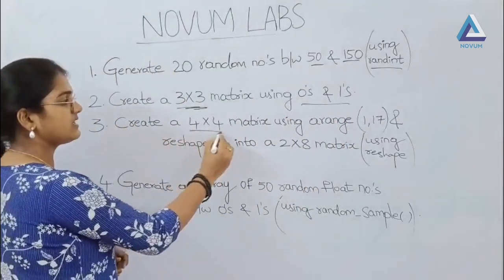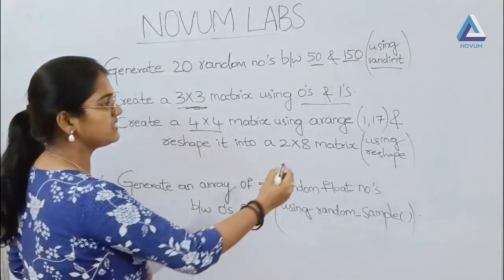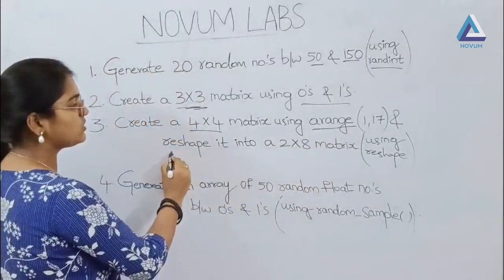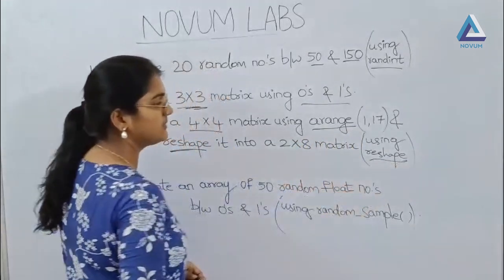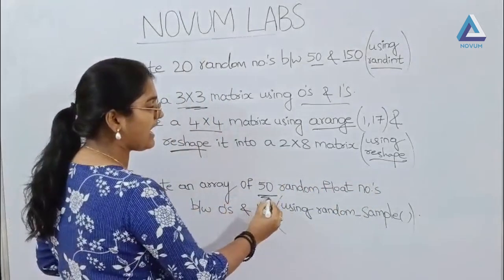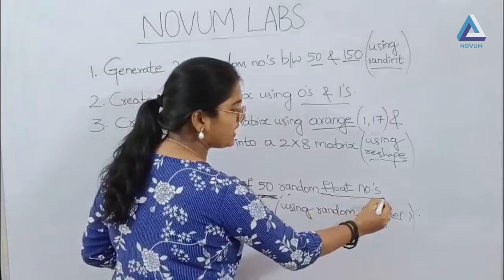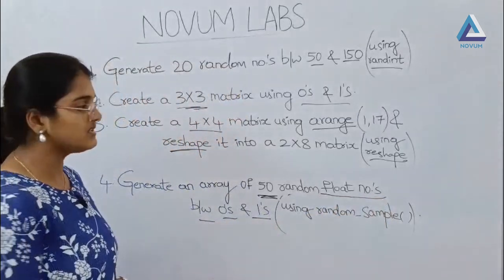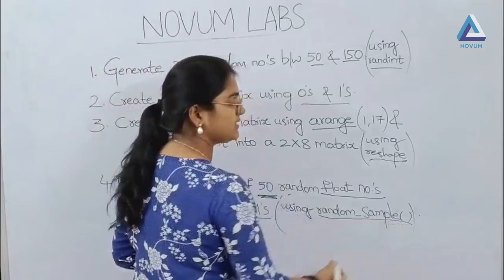The next one is create a 4 cross 4 matrix by using the arange method, generating a sequence of numbers, and also reshape it using the reshape method. The final one is creating an array of 50 random floating numbers in between zeros and ones by using the random sample method.